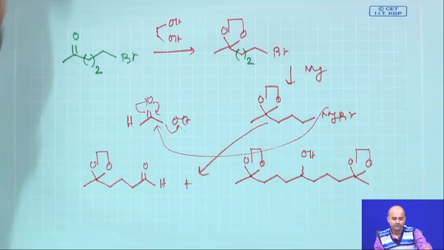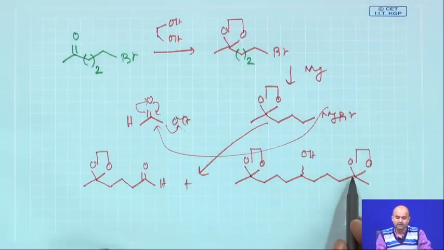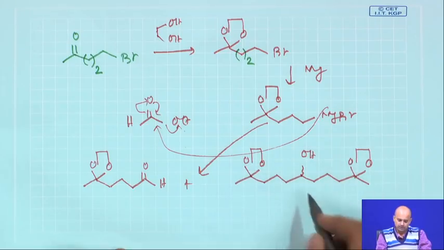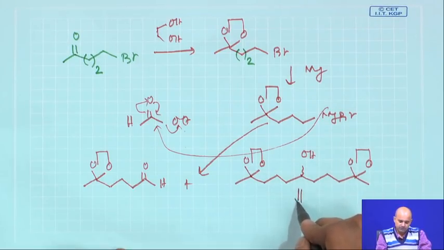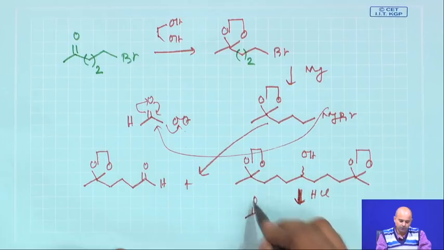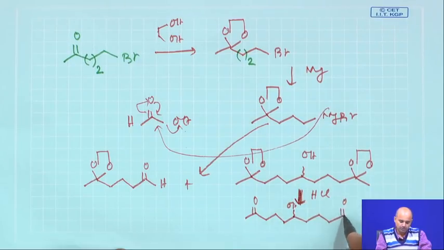The only thing is you need to unmask this ketal group. So just treat with HCl, a forward arrow. So you basically get CH3CO, CH2, put an OH here, and then C double bond O CH3.